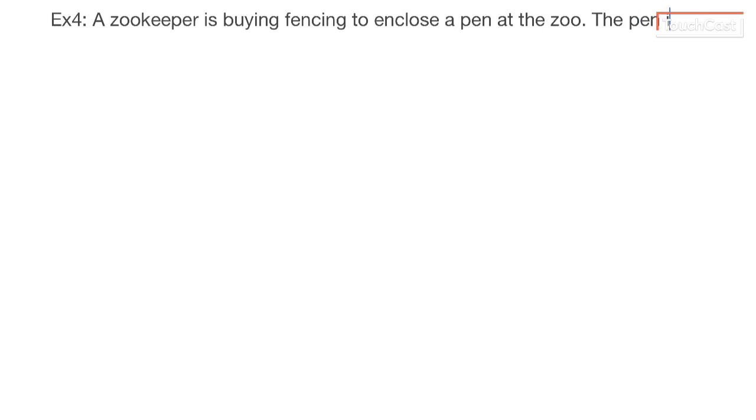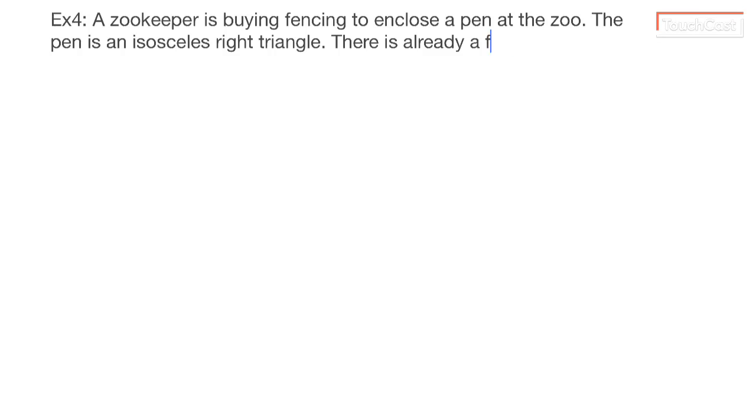The pen is an isosceles right triangle. There's already a fence on the side that borders a path.